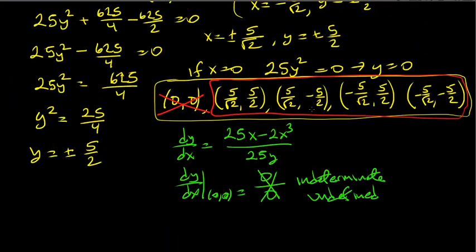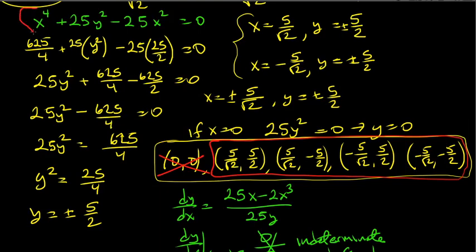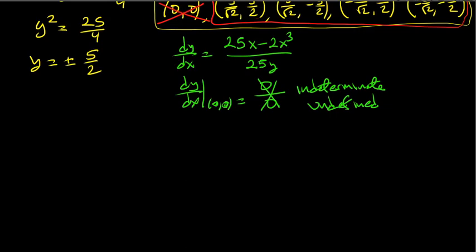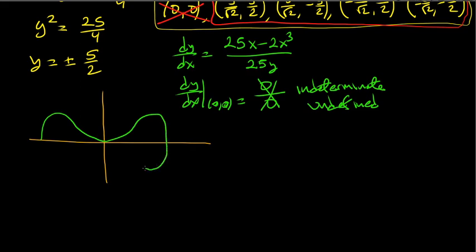And if it helps, if we graph this equation here, you'll see what goes wrong at the origin. So I'm going to do a graph, a very crude graph here, but get the idea. The graph is going to look something like this. That part looked bad.